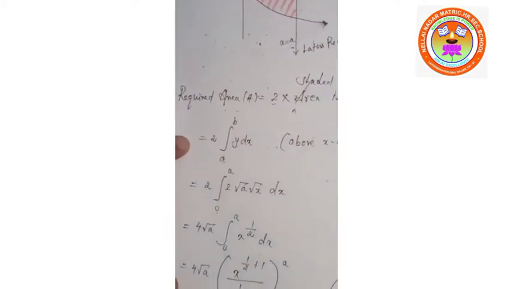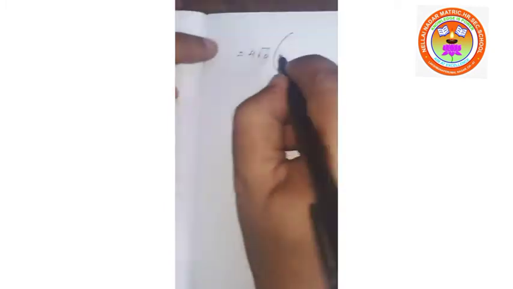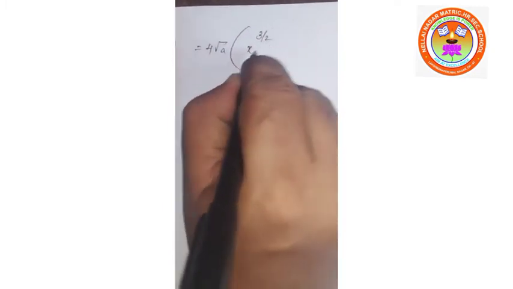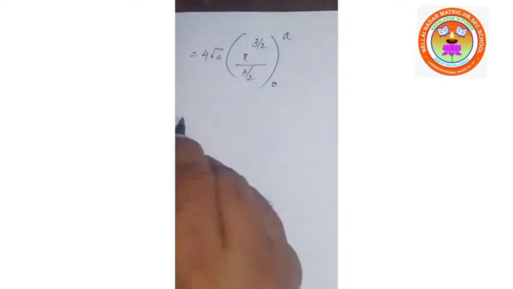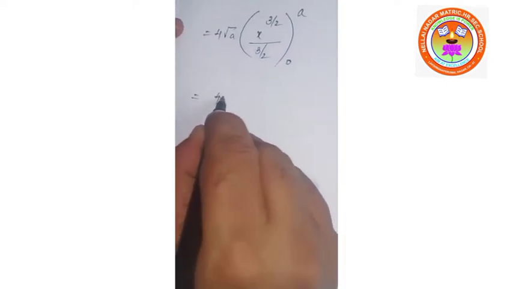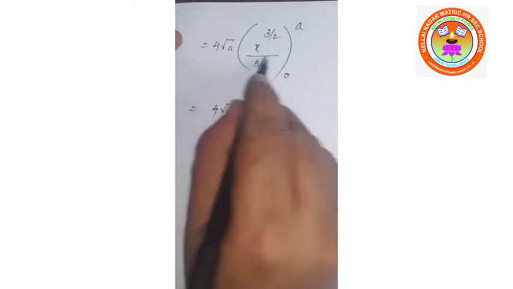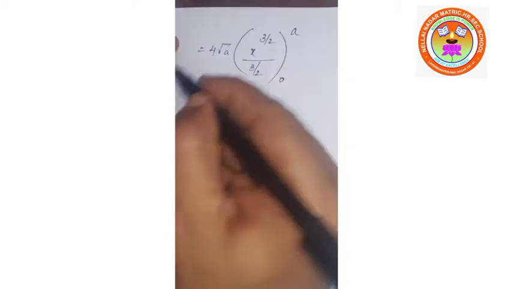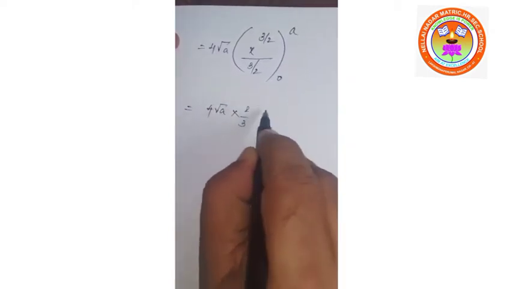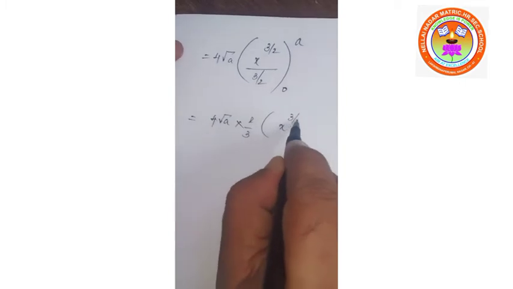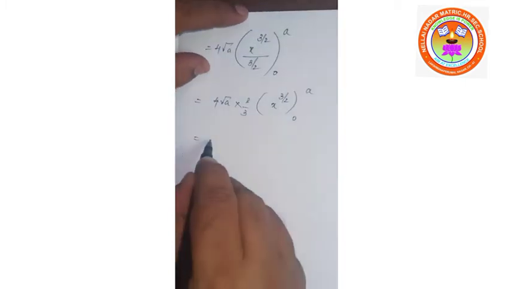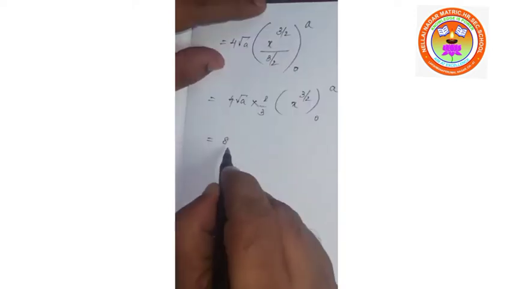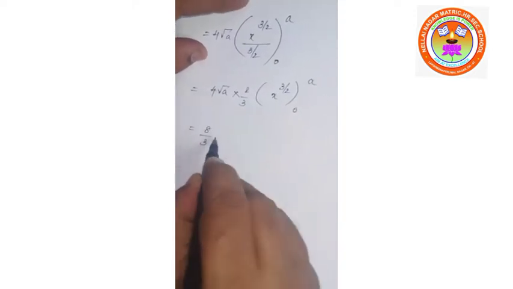So you will be getting x power 3 by 2 divided by 3 by 2, limit 0 to a. 4 root a as it is. Division becomes multiplication, 3 by 2 reciprocal 2 by 3 into x power 3 by 2, limit 0 to a, equals 4 2s are 8 by 3 root a.